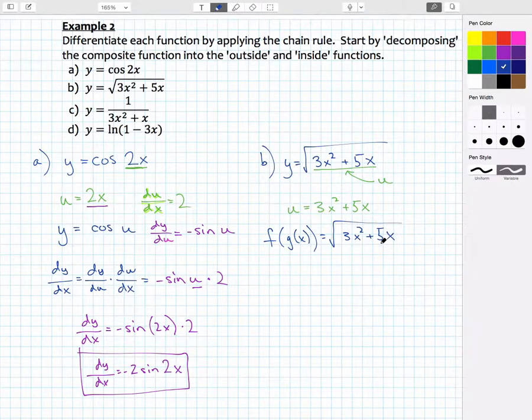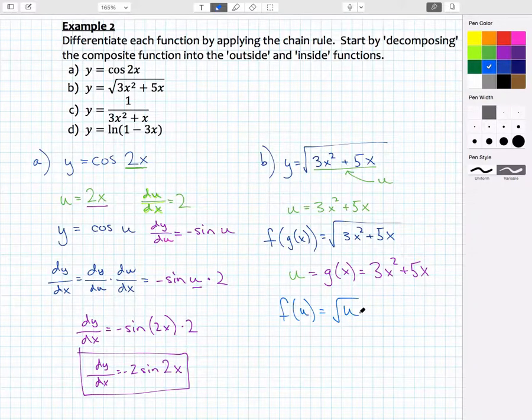So we've said that our u is going to be the same as our inside function, which is g of x, which we've said is 3x squared plus 5x. And so now, if we define f as a function of u, f is the square root of this, but it's going to be the square root of u.